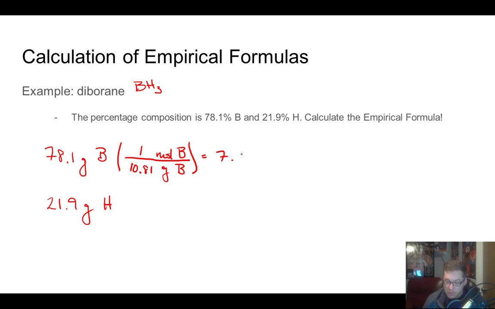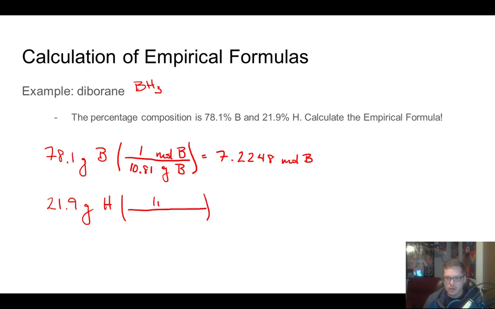On these, don't round until you get to about 4 or 5 decimal places, so I'm going to say 7.2248. The reason is the next step: we need this as non-rounded as possible.